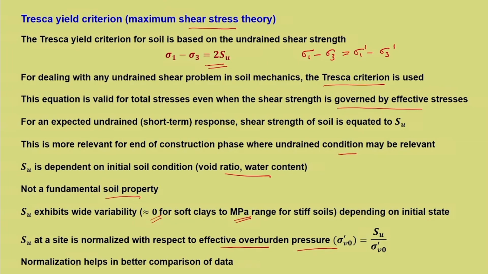Now, we will get multiple values of SU, which were influenced by the overburden conditions. So, it is normalized with respect to the effective overburden pressure, so that comparison will be easier. This normalization with respect to sigma dash V naught helps in better comparison of data.